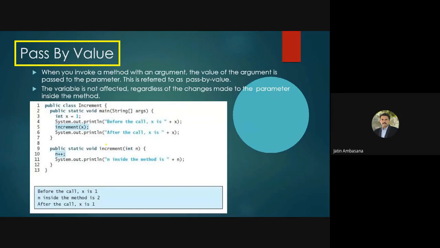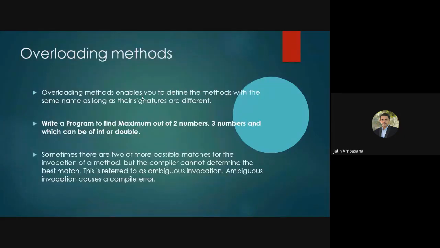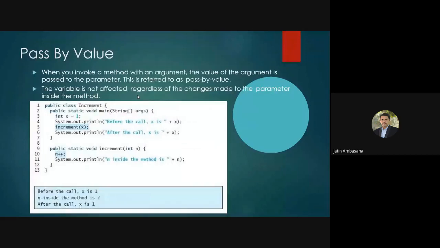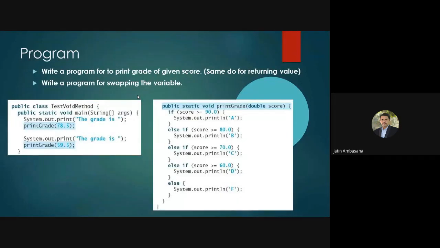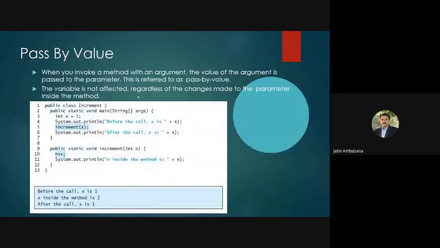But yes, if an object data type is there, then there is something called pass by reference that we will see. So that was pass by value: how you define methods and how you pass the parameters to them, and how those parameters are passed using their value.